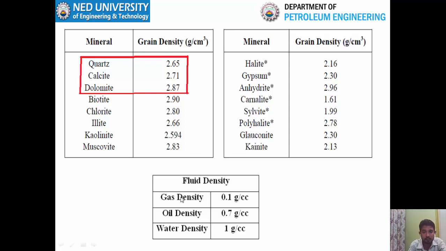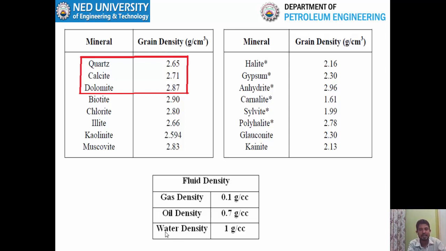Similarly, the gas density can vary. Gas can have a density of around maybe 0.01, maybe 0.05, and maybe 0.1 gram per cc. So gas density depends on pressure and temperature. But in this course, whenever we are required to enter the value of the density, we will use the number 0.1 gram per cc.